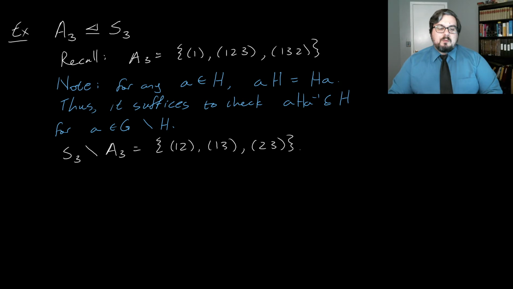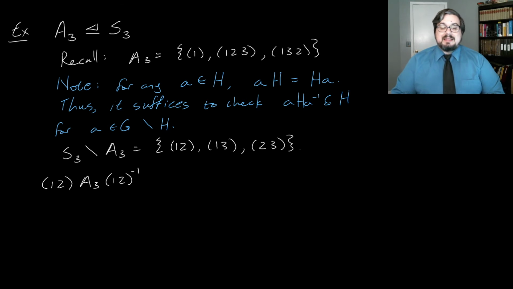So what we want to do is show that given any element of this set, any element of S3 that's not part of A3, if we take that element and multiply it by A3 and multiply by the inverse of that element, then we get something that's contained in A3.